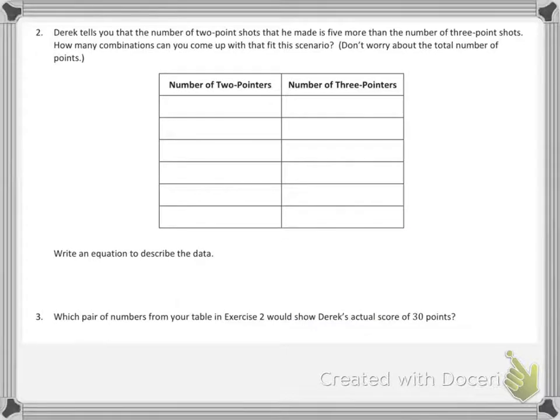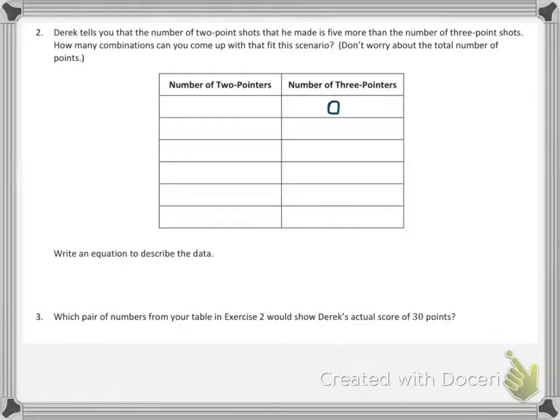So number 2, Derek tells you that the number of 2-point shots that he made is 5 more than the number of 3-point shots. How many combinations can you come up with? We're not going to worry about the number of points. But my number of 2-point baskets would have to be 5 more than the number of 3-point baskets. So let's say he scored 0 3-point baskets.